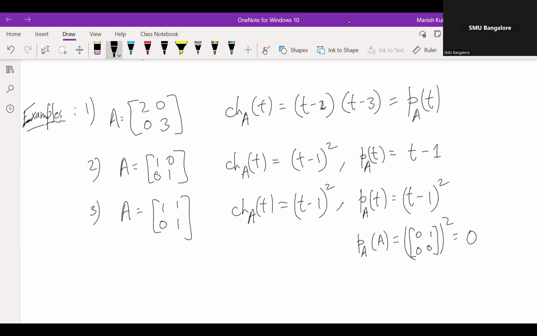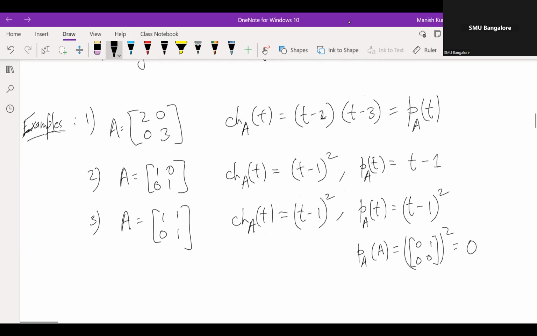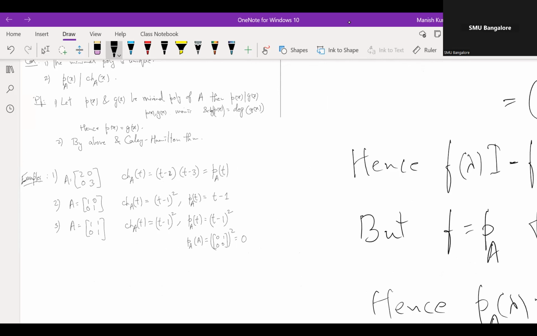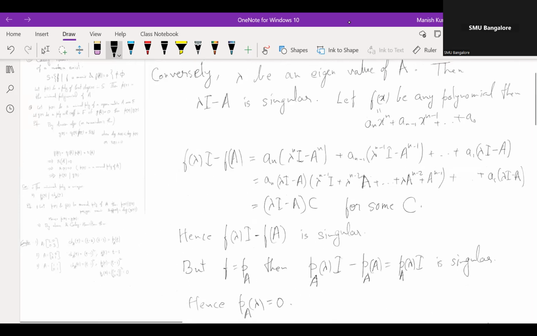So we'll do Jordan form, and looking at the Jordan form, you can decide what the minimal polynomial is going to be. We'll come to it in a bit. But let's just study a little more about the minimal polynomial before we get to that.